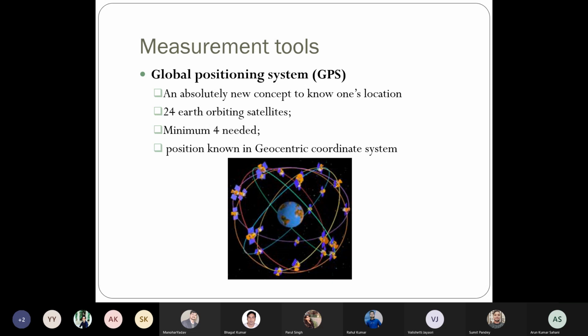Their coordinates are known in a defined coordinate system, and there is a fourth point that is unknown. We don't know its coordinates. By using the information of the three known coordinates, you can measure the coordinates of the fourth point.